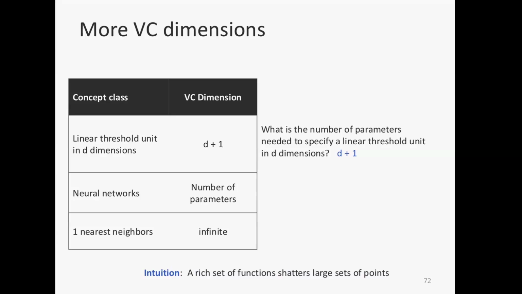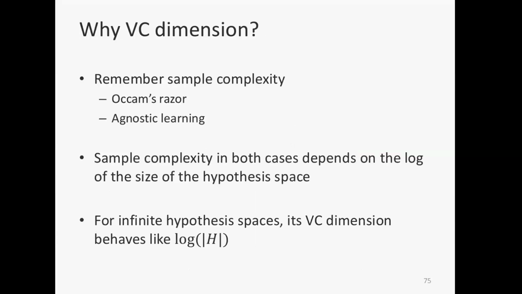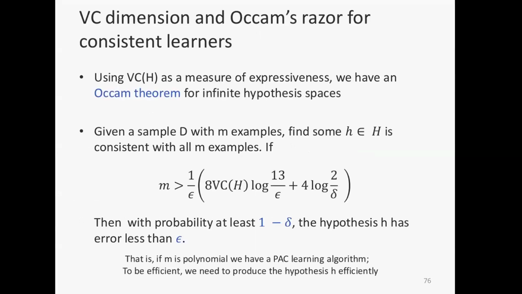Now, why is all this interesting? Because going back to the whole thing about sample complexity, it turns out VC dimension behaves like the log of the size of the hypothesis space. There are standard sample complexity bounds, which I don't expect you to ever remember because I don't, that look very much like the previous thing. There's a 1 over epsilon here, a 1 over delta here, and something involving VC dimension.